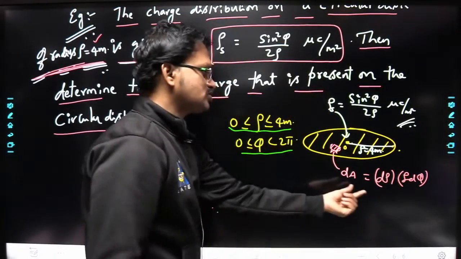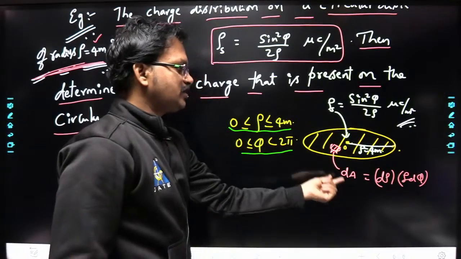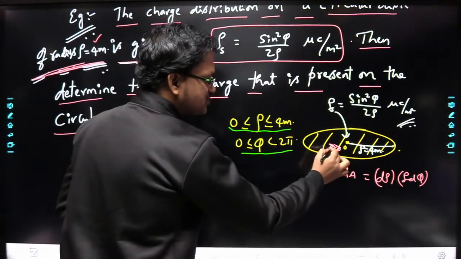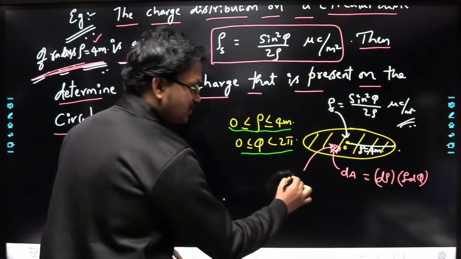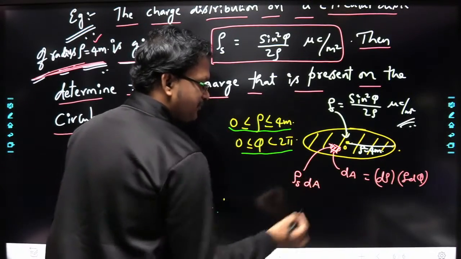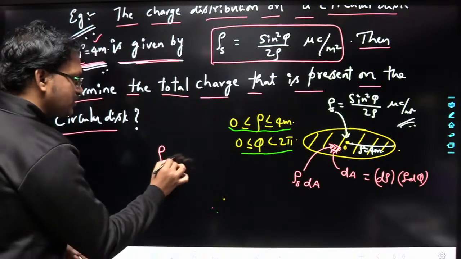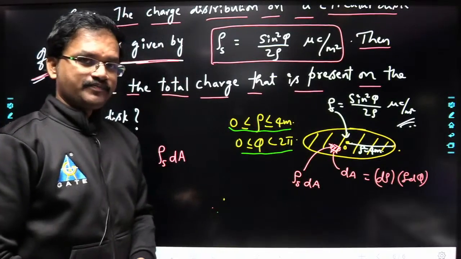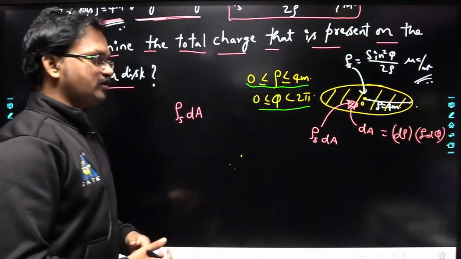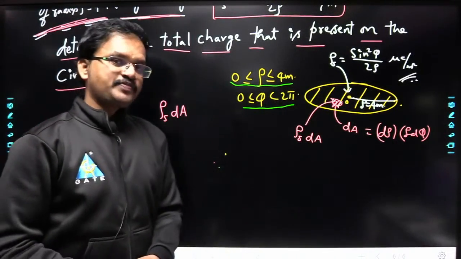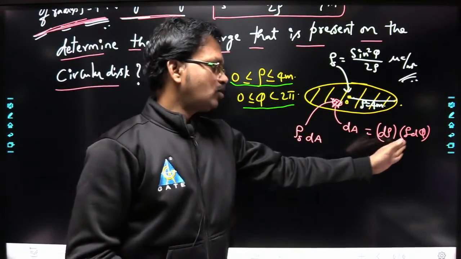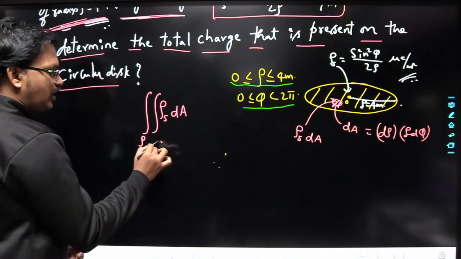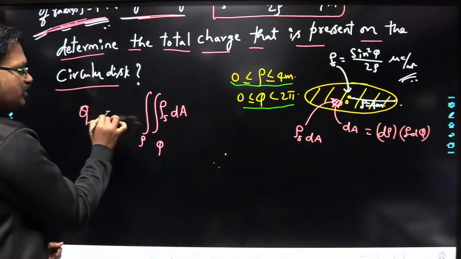If you multiply these two, this is going to give you the small differential area on the circular disc. Now the charge that is present on this differential area dA is nothing but rho s into dA. Yes or no here? So rho s into dA is the charge that is present over this small differential area dA. Now if you want the total charge here, you have to integrate with respect to rho and phi. So then you are going to get the total charge.